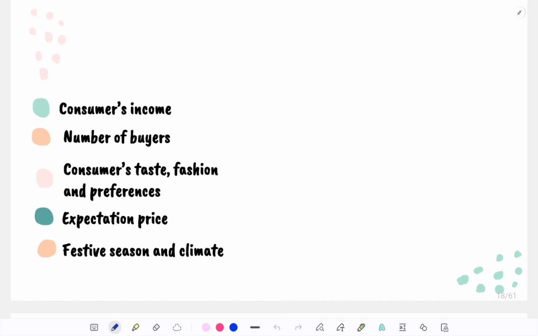The fifth factor that influences our demand is expectation about future price. Sometimes people will buy more because they expect the price will go up in the near future. For example, if you hear that movie ticket prices will increase next week, this one is just our speculation.